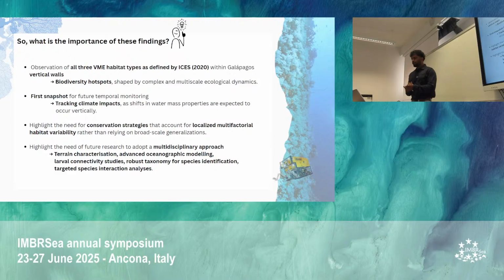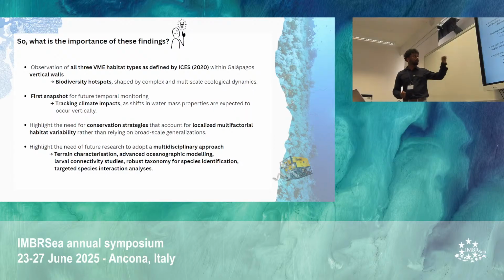So what's the importance of these findings? First, I observed all three vulnerable marine ecosystem habitats as defined by ICES 2020 within these vertical walls. So it highlights that these habitats could well be acting as biodiversity hotspots and can be shaped by multiple interactions.